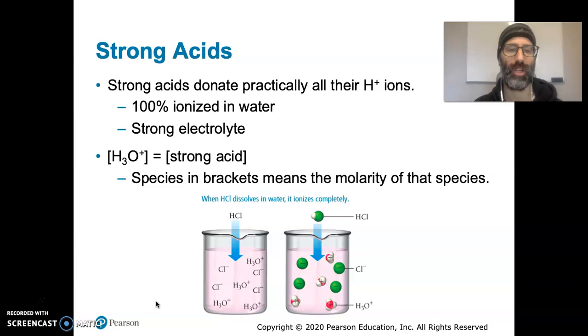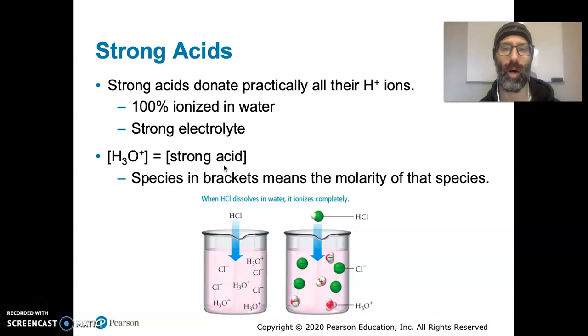So the concentration of the hydronium ions should equal the concentration of the strong acid you started with. For example, this applies to your monoprotic strong acids like HCl and HBr. HF is actually a weak acid. So for your strong acids, the concentration is going to equal the concentration of the hydronium ion in solution. So remember that.